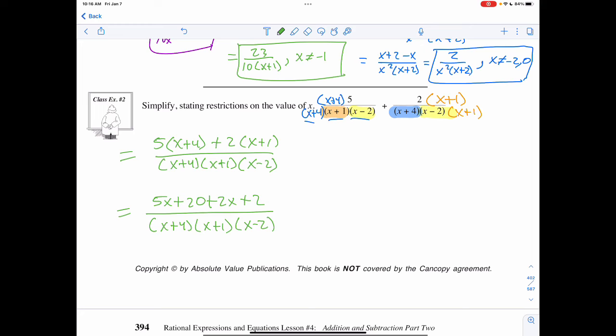And when I combine the like terms, this is going to give me 7x plus 22 over x plus 4, x plus 1, x minus 2. And this is true so long as x cannot equal -4, -1, or +2.